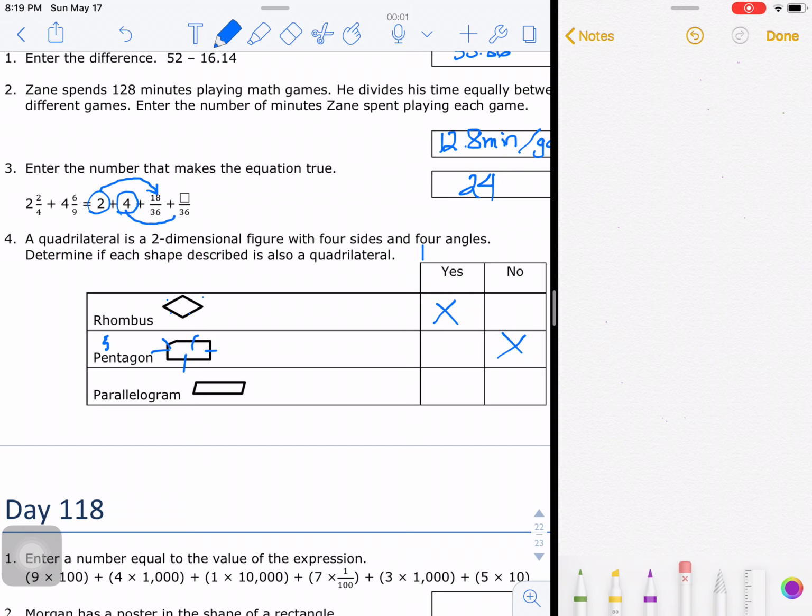And in a parallelogram, parallel tells us that we have parallel sides, but we have 1, 2, 3, 4 sides and 4 angles there. So yes, the rhombus and parallelogram are quadrilaterals. However, the pentagon is not.